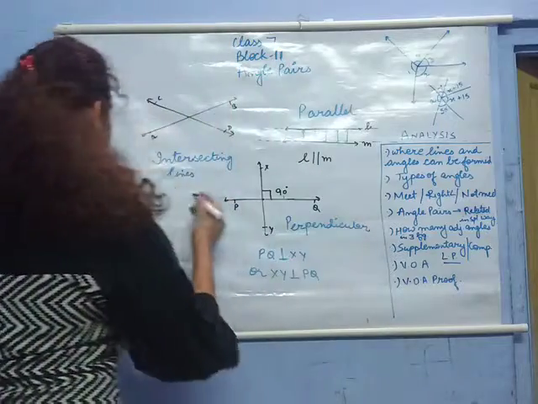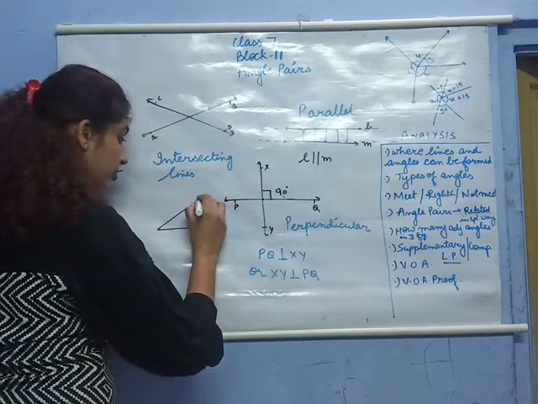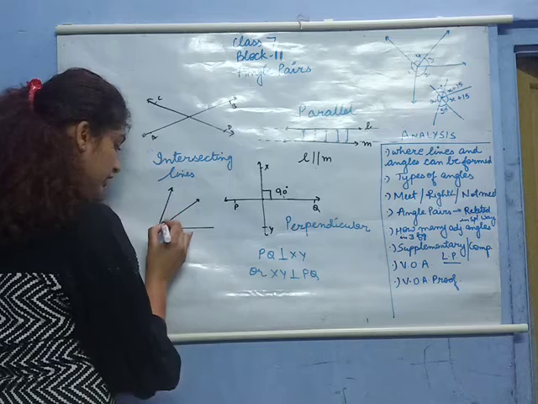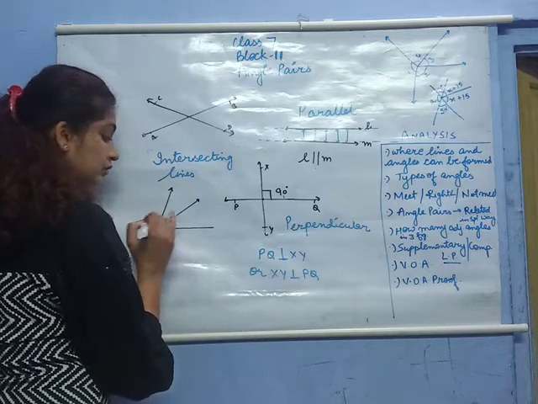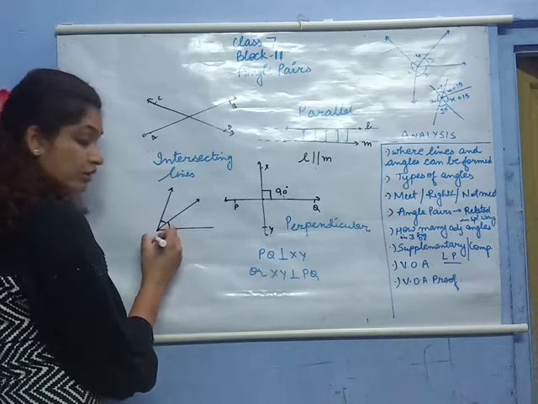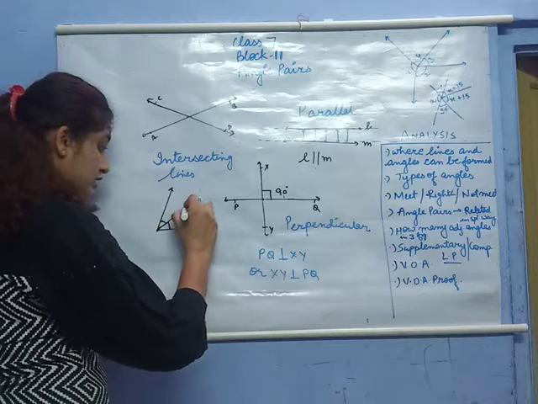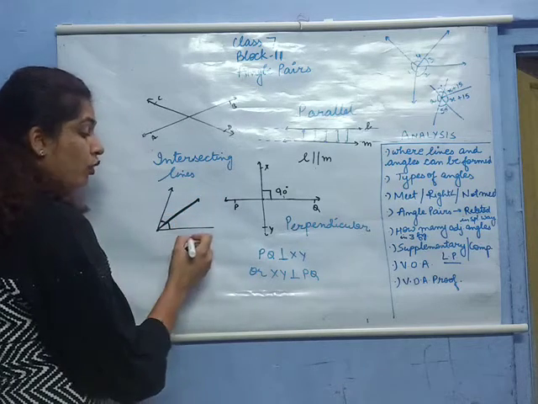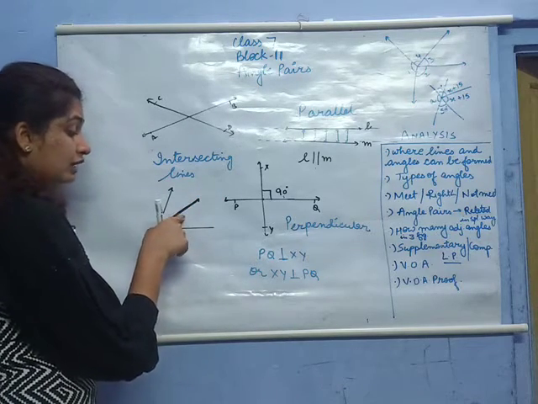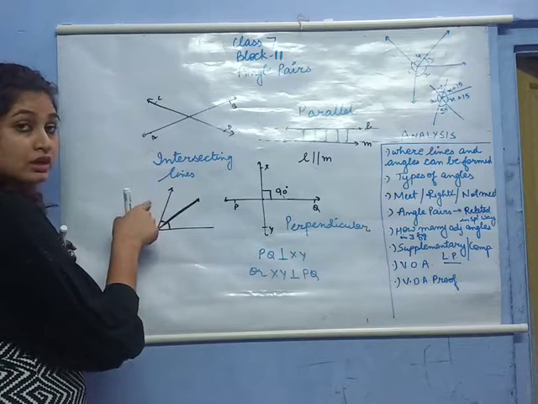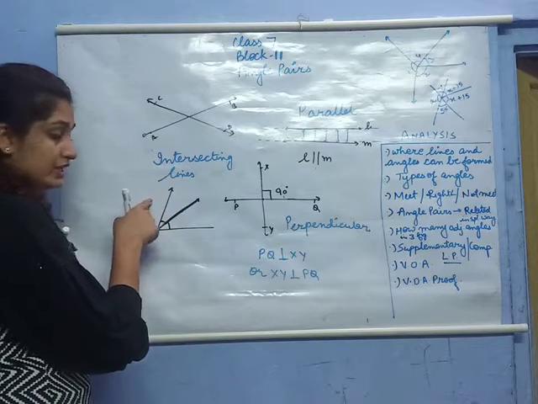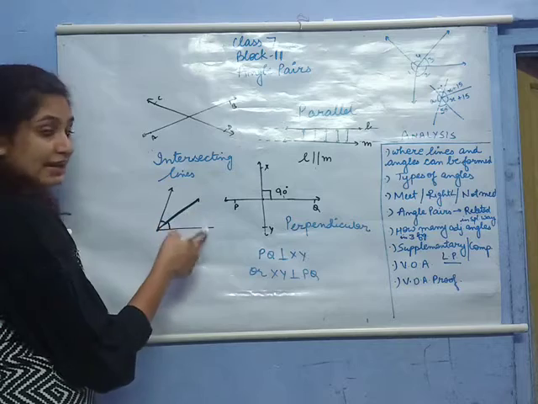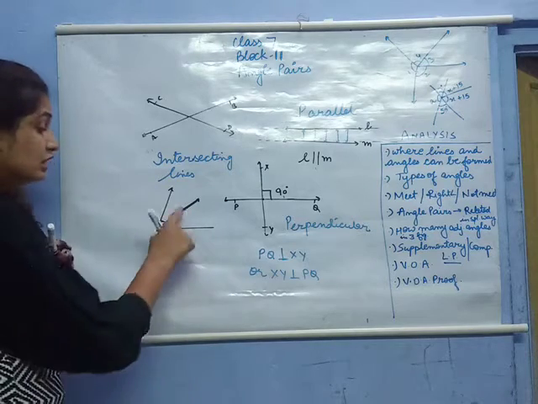If you and your neighbor are living next to each other, suppose this is your house and this is the neighbor's house, they have one vertex common and one arm common, and one non-common arm is on the left side and one non-common arm is on the right side of the common arm. So these are called adjacent.